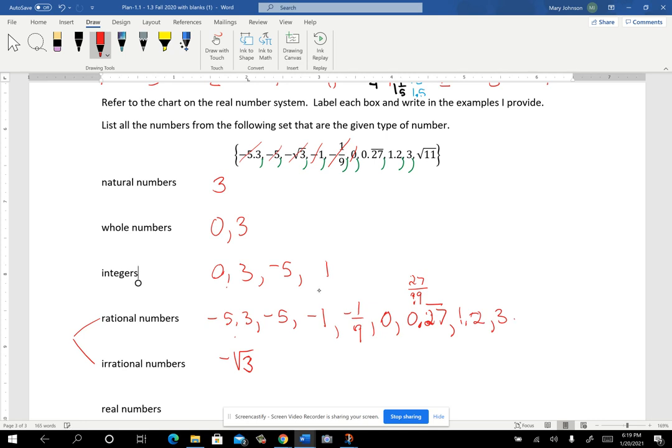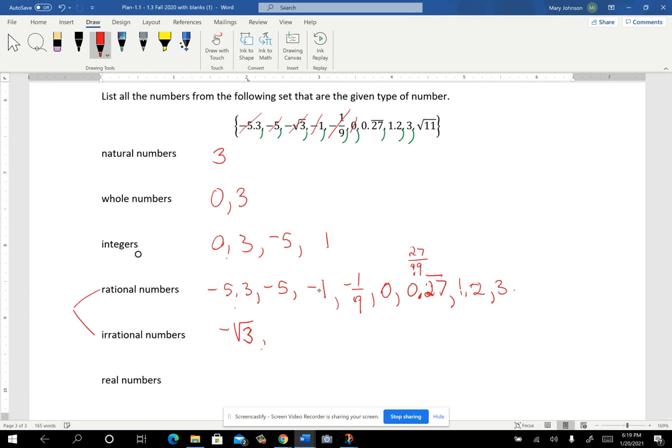And then the square root of 11, that's going to be down here in the irrational box, because that's a number that would have a decimal that never stops. Okay, right, and then when you get to the real numbers, none of the ones in this list were imaginary, were they? All of the numbers is what you'd list. Every single one of them.